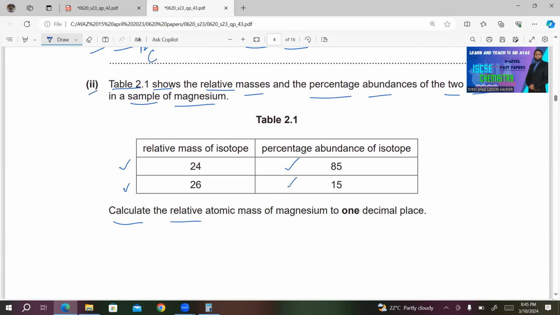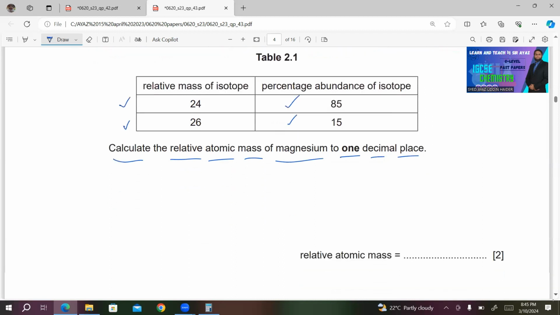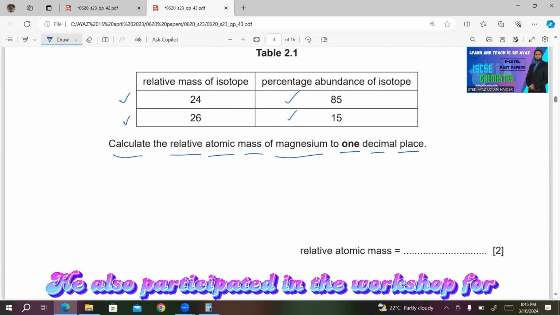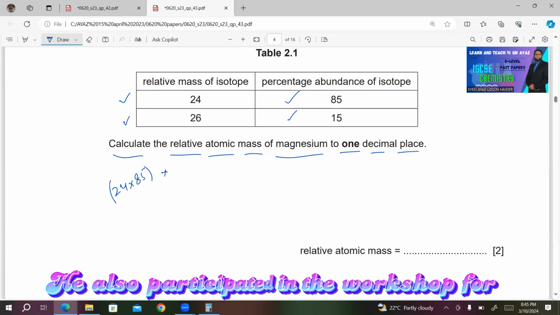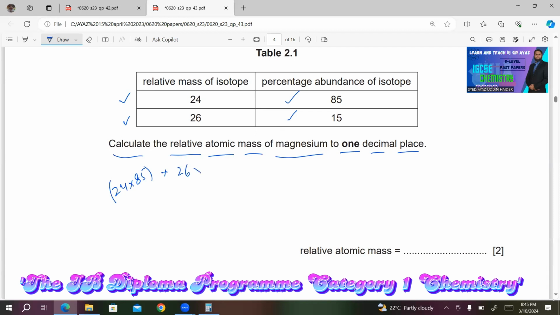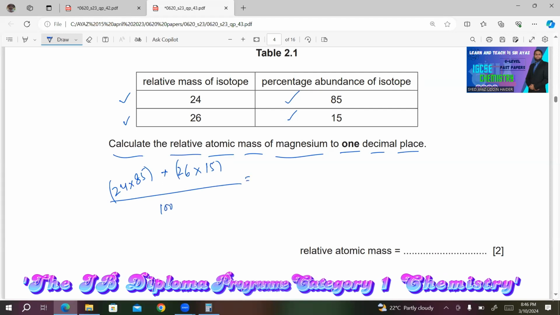Calculate the relative atomic mass of magnesium to 1 decimal place. So we will multiply 24 by its percentage abundance, 85, plus 26 multiplied by its percentage abundance, 15, and this will be divided by 100.